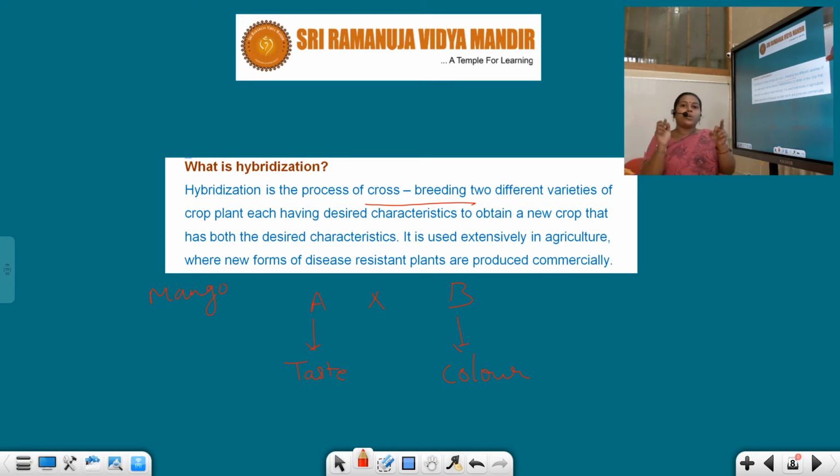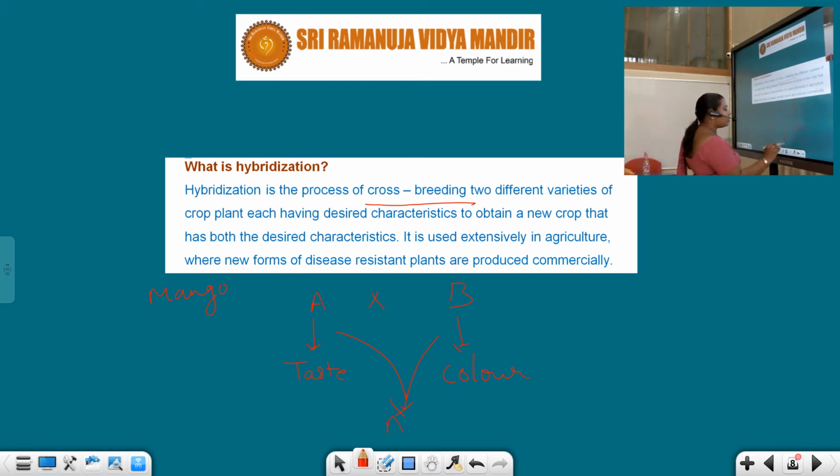So I want both the characters in a single fruit. Plant A is giving good tasty fruits, whereas plant B is giving good colored fruits. So my intention is that I want both good characters, in a single variety of the fruit.